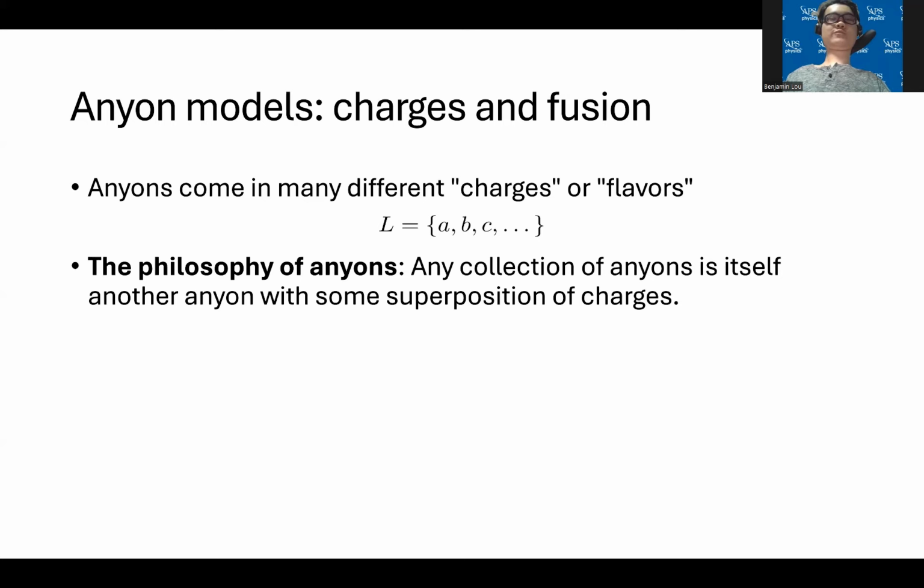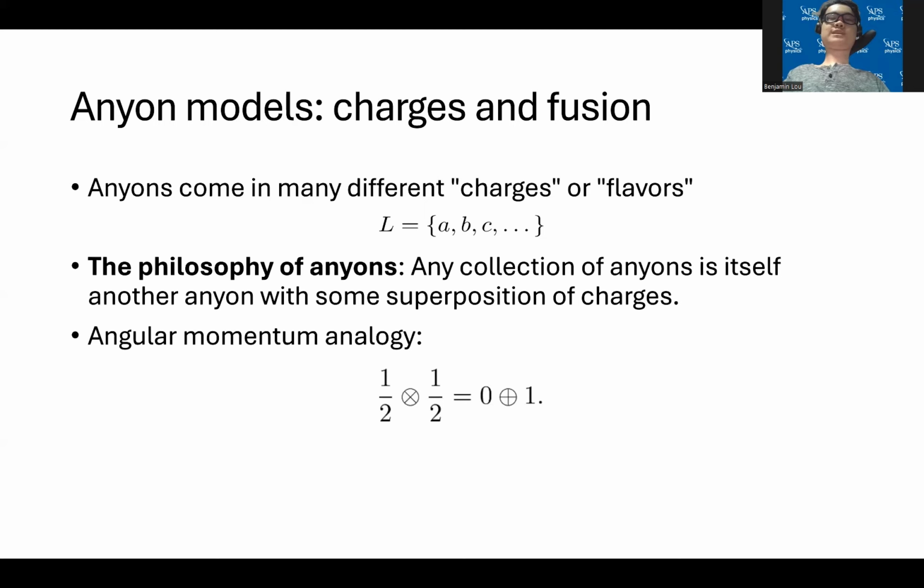This is familiar from the context of spin. If we have 2 spin 1/2 particles, then the collection of the 2 particles together can have total angular momentum 0 or 1.